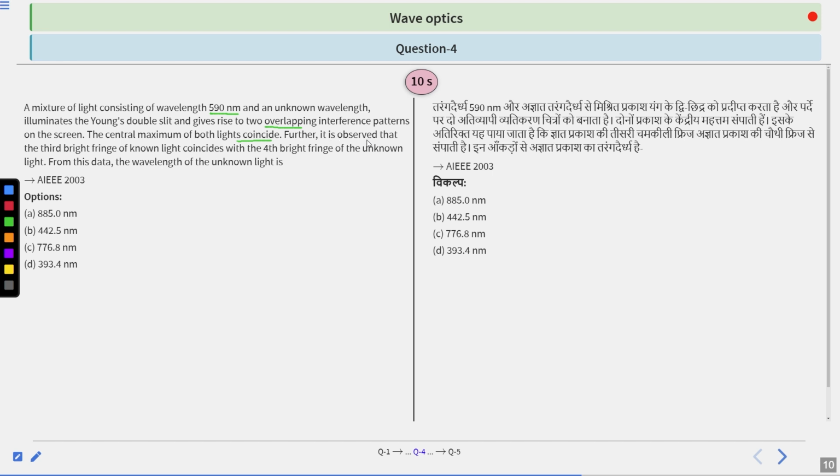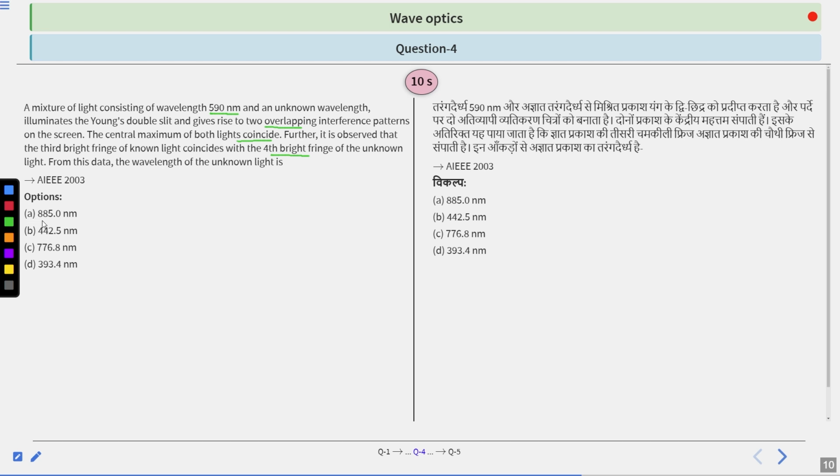Further, it is observed that the third bright fringe of the known light coincides with the fourth bright fringe of the unknown light. From this data, the wavelength of the unknown light is what? This is an AIEEE 2003 question.